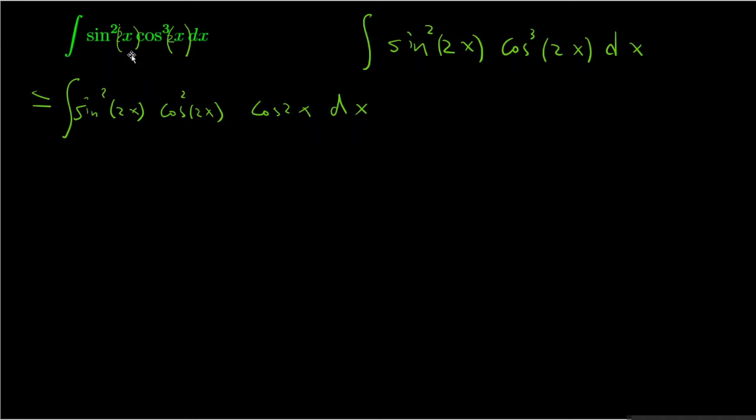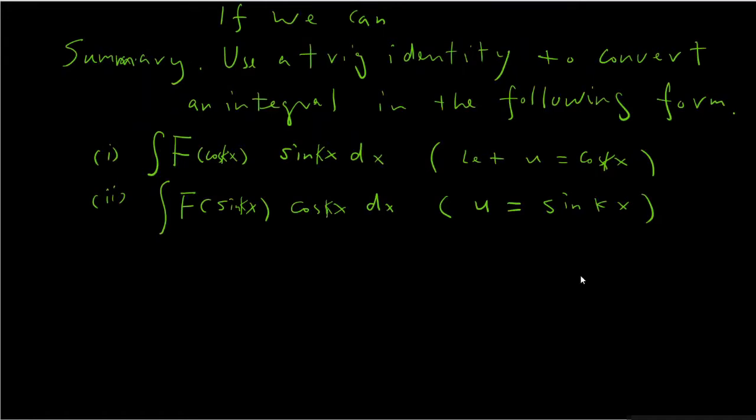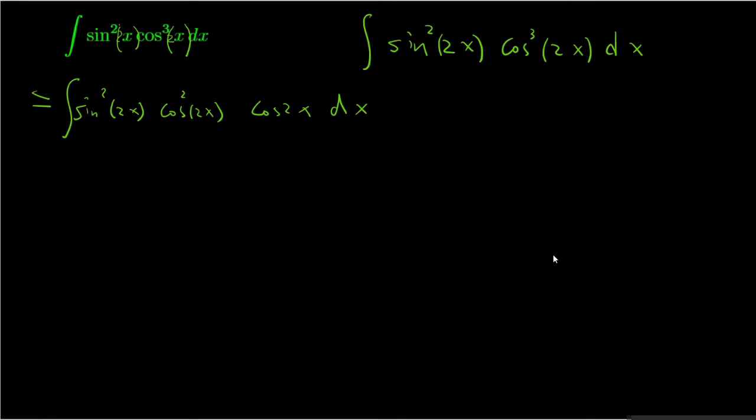Again, in many cases, you think about leaving out either a sine of some x or cos of some x, and then you write the other factor in terms of the other function. So in this case, we leave out cos of 2x. I want to rewrite the other factor in terms of sine of 2x. Anybody want to tell me what trig identity we can use to achieve that?